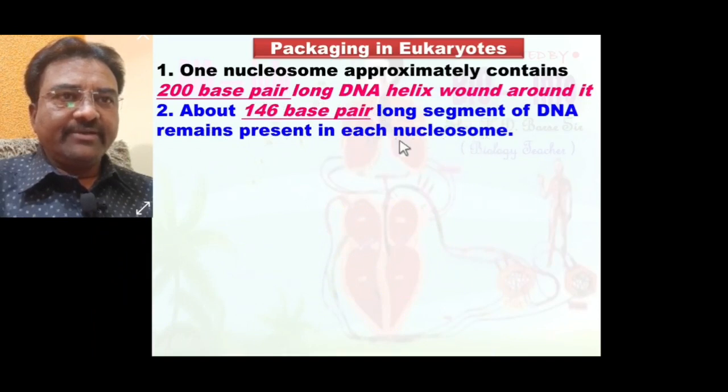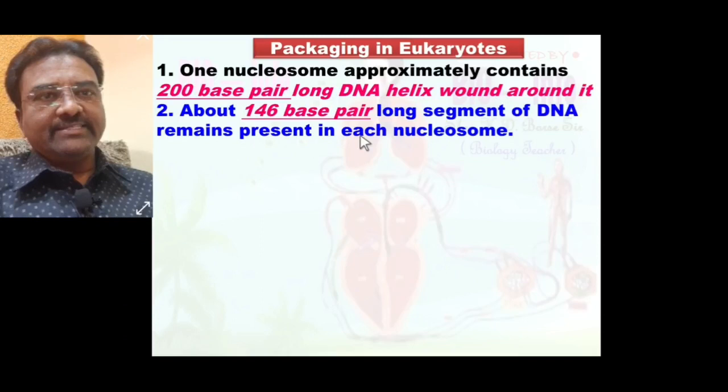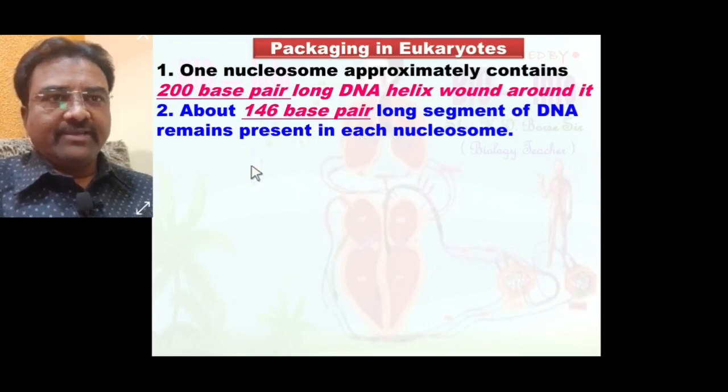Always remember, around each nucleosome is a 146 base pair segment of DNA. Approximately 200 base pair long DNA, but the actual DNA segment wrapped around each nucleosome is about 146 base pairs.